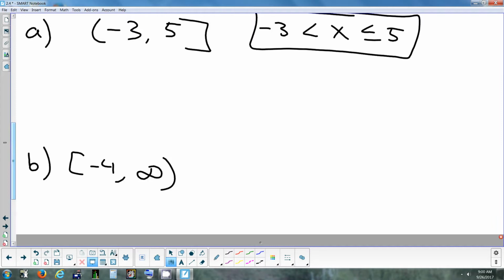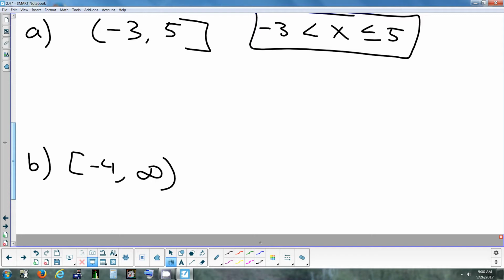All right, let's try this one. It's a half open interval. It's unbounded. And I want to write that as an inequality. Trevor, do you think you could tell me how to write that one as an inequality? Let's try something a little different. Start with your variable.